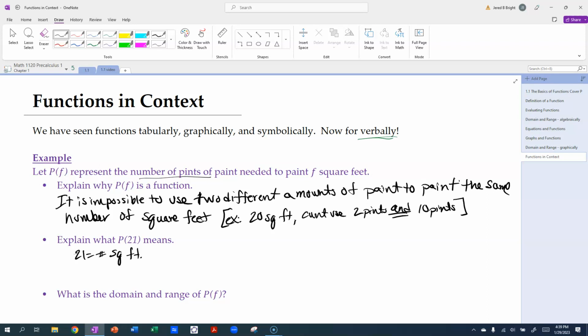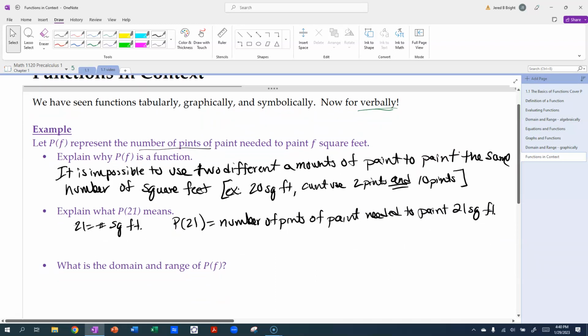So P of 21 is equal to the number of pints of paint needed to paint 21 square feet.